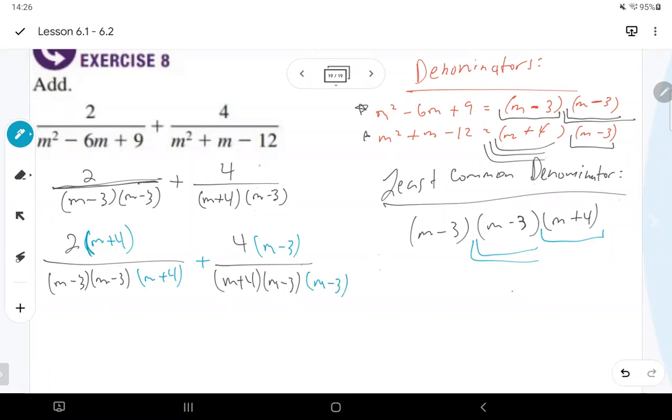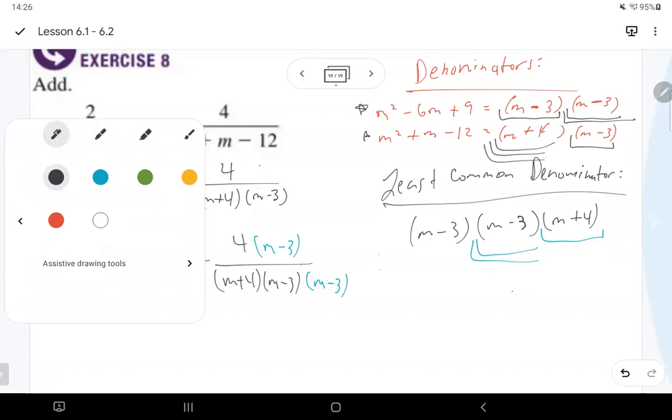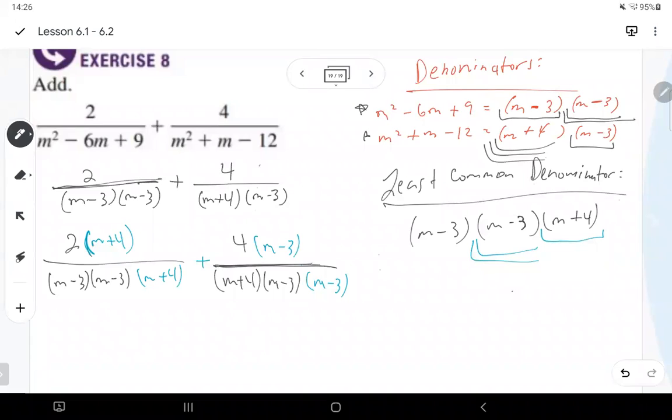Okay, so now that I have those, I can start distributing and bringing it together. So I'm going to have 2m plus 8 plus 4m minus 12 all over the LCD.